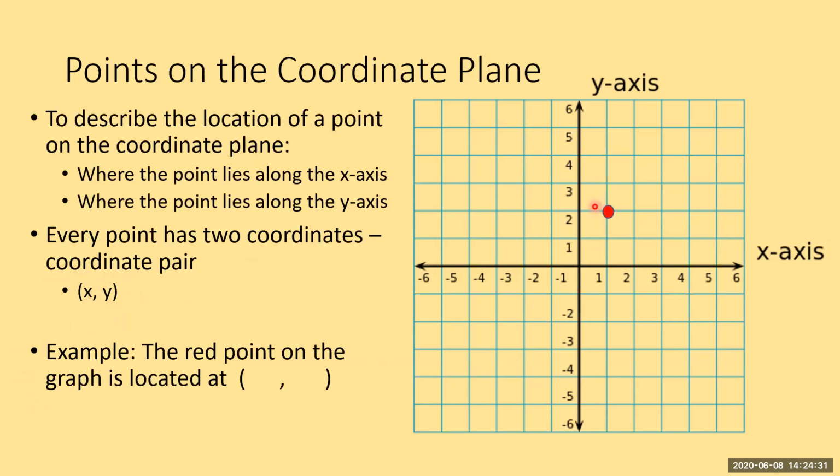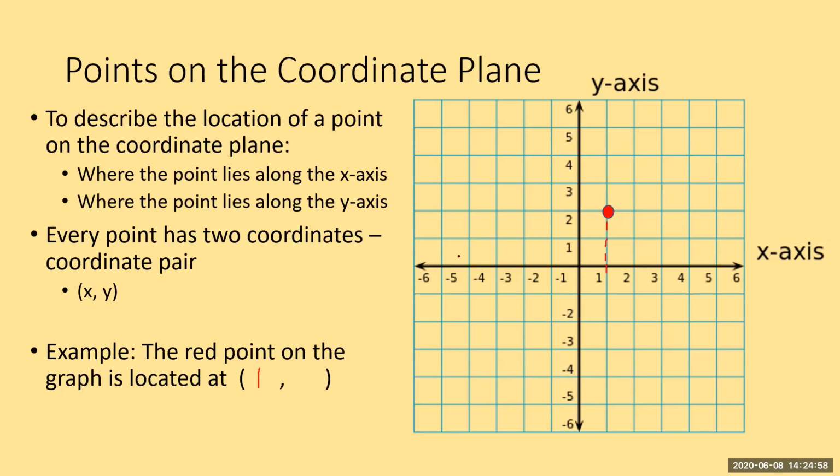I've placed a red point on this coordinate plane, and we're gonna give the coordinates of this point. So when I look at this point, if I look to see where it's lined up along the x-axis, I can see it's lined up with 1 along the x-axis. So that means the x coordinate is going to be 1.